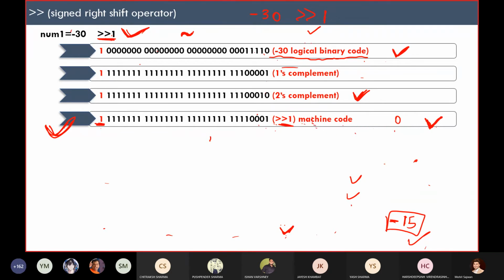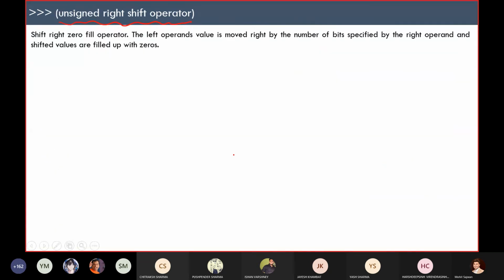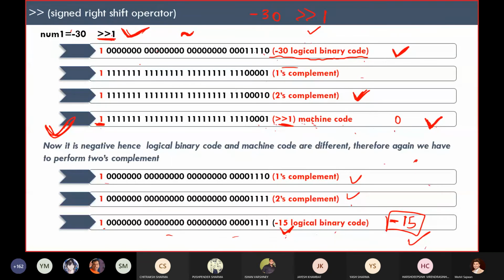So to find which number this code is representing, what we again perform is two's complement. If we perform two's complement on it again, we will get the output like that. So that is why we are getting the output as -15. Got the concept? Yes sir.